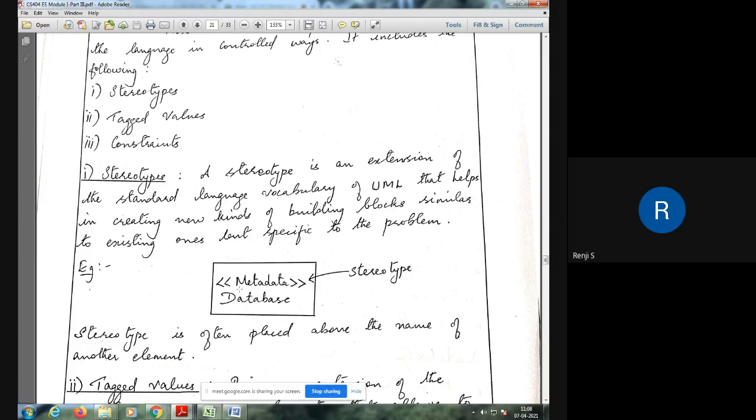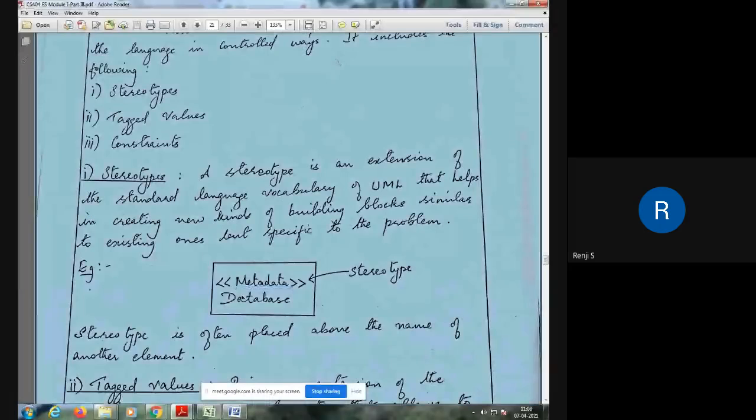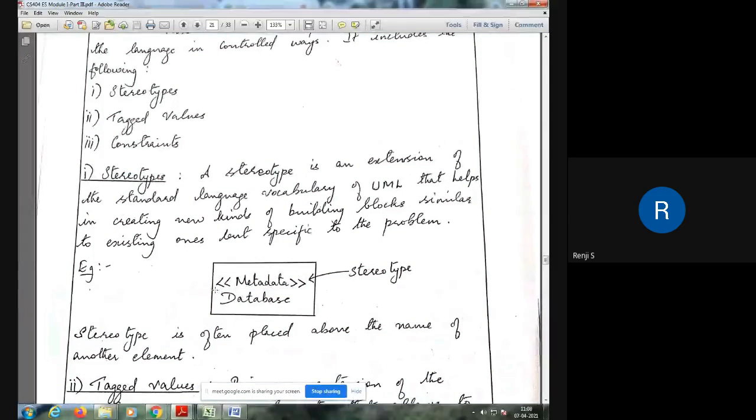I'm giving my own definition, like this database is a metadata. So to give new definitions, we can use the stereotype mechanism, which helps easy communication of the design. What one person means can be explained. Or if you want to define your own views, it can be done using stereotypes.